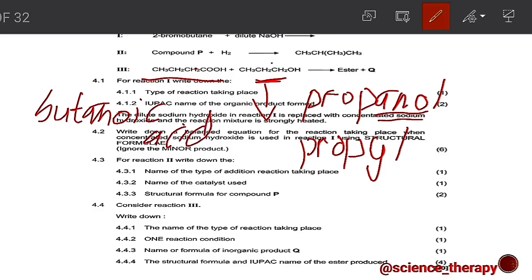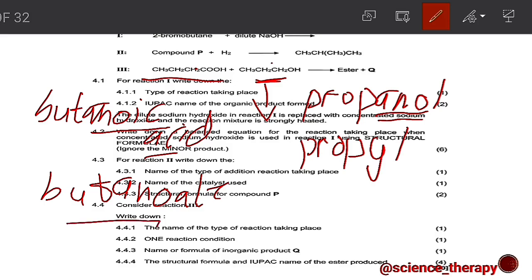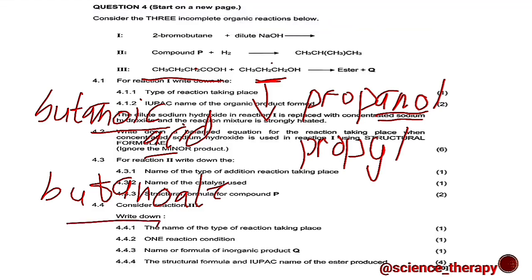But remember, when we name an ester, we drop off the oic acid, and now we have butanoate. So naming the ester, the name of the ester now is propyl butanoate.